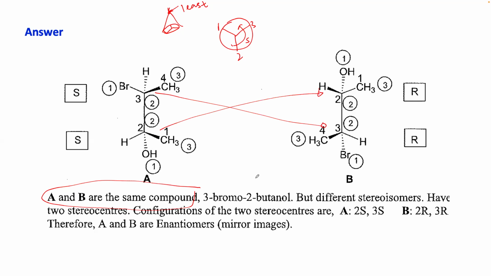They're like mirror images of each other. So how did we approach this? You take the molecules, you find the stereochemistry of each stereogenic center, and then they turn out to be enantiomers.